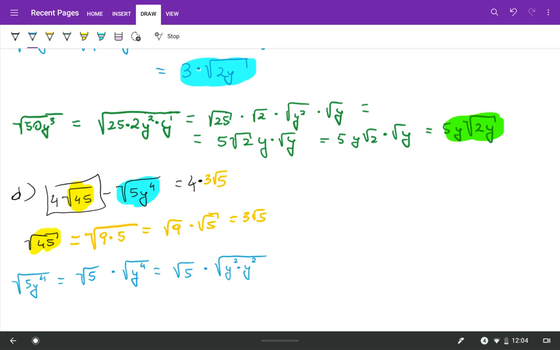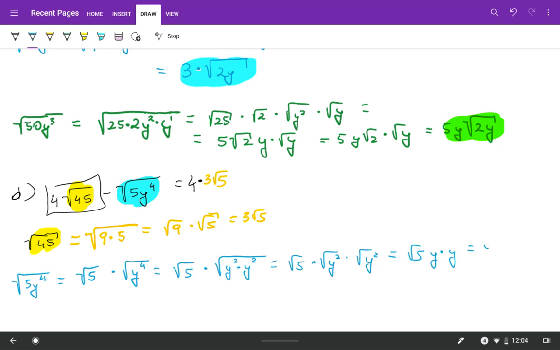Using the product property of exponents, so we have the same bases. So to get 4, we're adding exponents. So this is the same as square root of 5 times square root of y squared times square root of y squared. And we're getting square root of 5. Square root of y squared is y. Square root of the other y squared is also y.